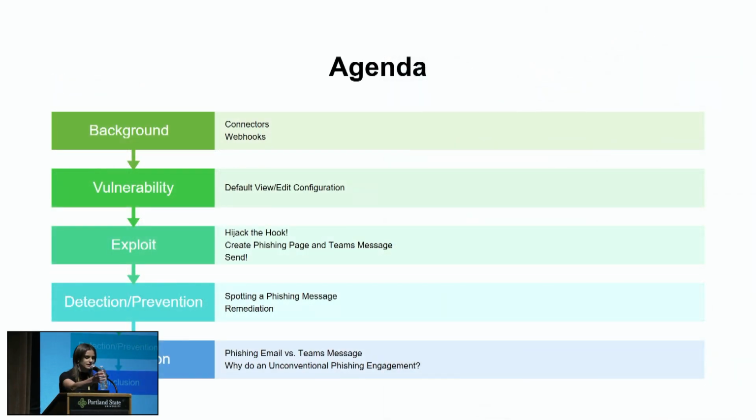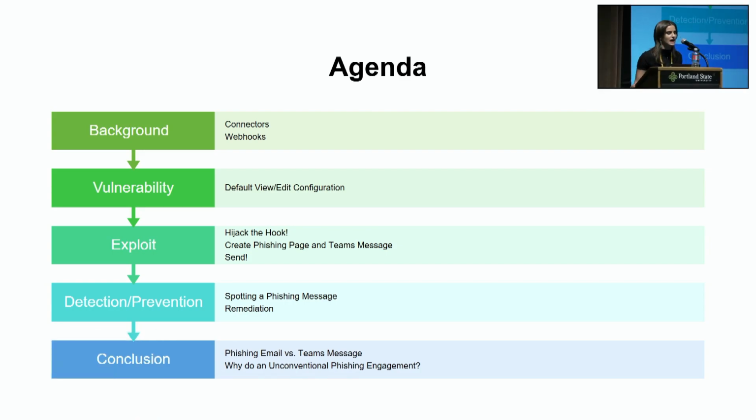For the agenda, we're going to talk about the background first, what parts of Microsoft Teams cause this vulnerability, specifically the connectors functionality and the webhooks, and how they're integrated together to cause this vulnerability. Then we'll get specific into what the vulnerability is, and how we can exploit it by hijacking the webhook and creating a phishing credential harvester page and sending it within an internal Teams channel.